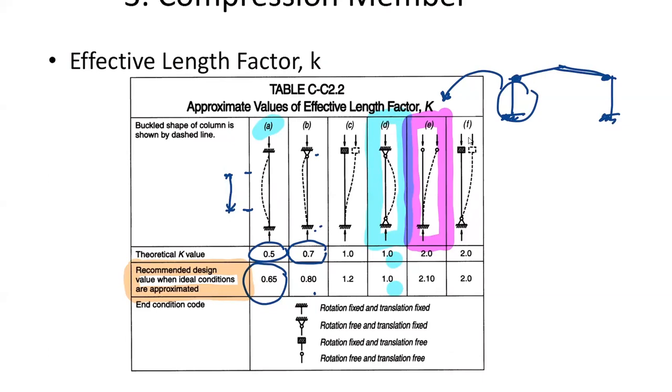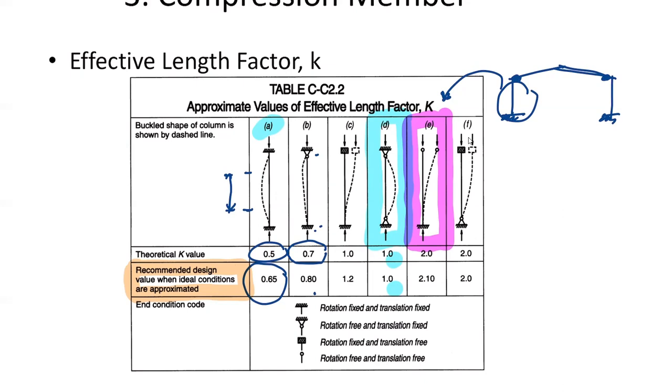So let's say basically, if your column is 4 meters long, you are designing the column that is actually longer than 8 meters. It's twice the length. And L is squared, so 4 squared and 8 squared, it's 64 over 16, 4 times.